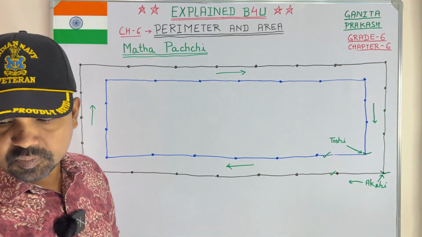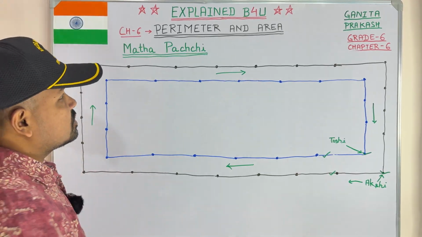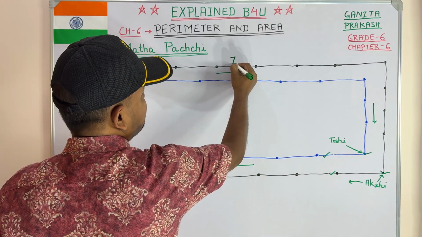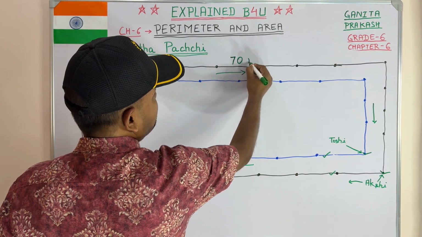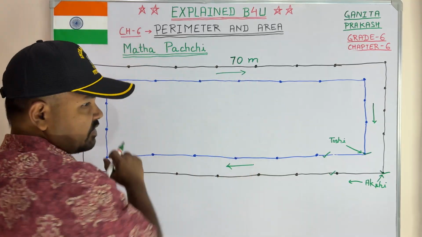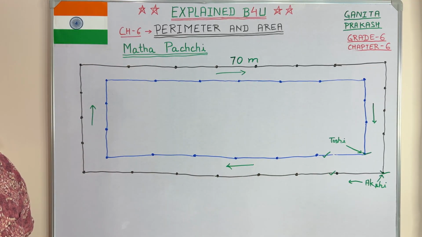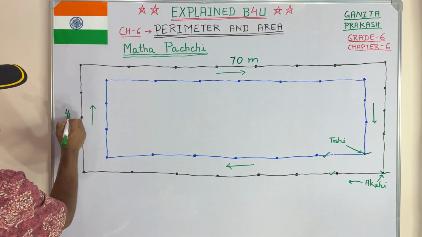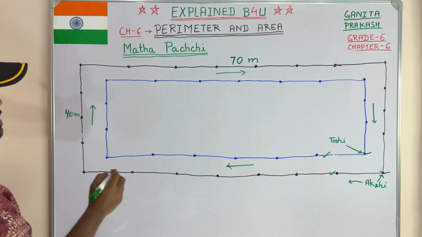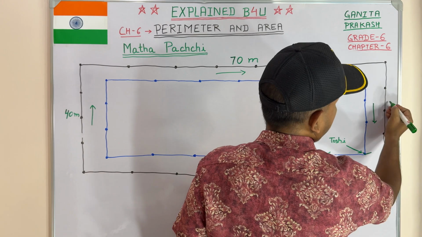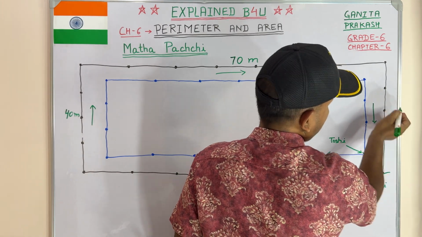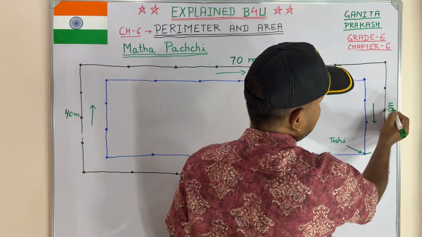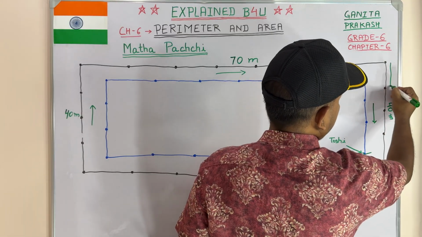How? Length of the track is given. See, the outer track length is 70 meter. Breadth is 40 meter. Means this outer track breadth is, you can write like this, 40 meter. Okay. This is 40 meter.